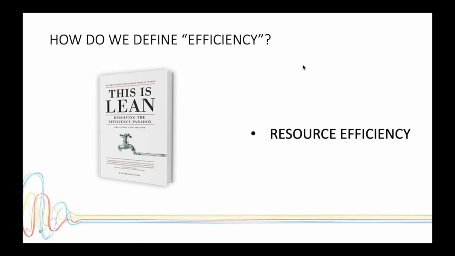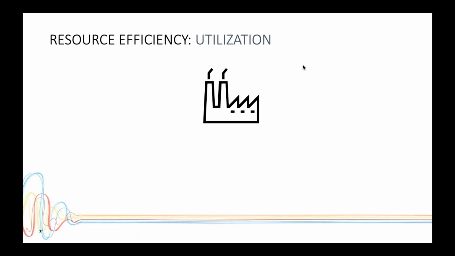One type is resource efficiency, and another is flow efficiency. I'll explain what they mean, because it aligns very much with what I am trying to communicate.